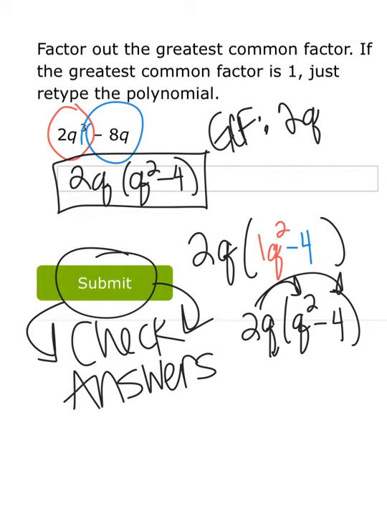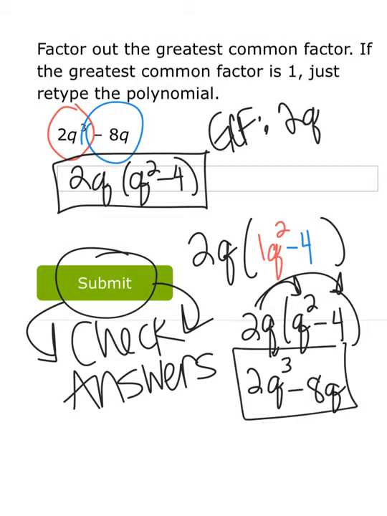So 2q times q squared would be 2q to the third, and then 2q times negative 4 would be negative 8q. So we indeed got what we started with. Yay! That means we did it correctly.